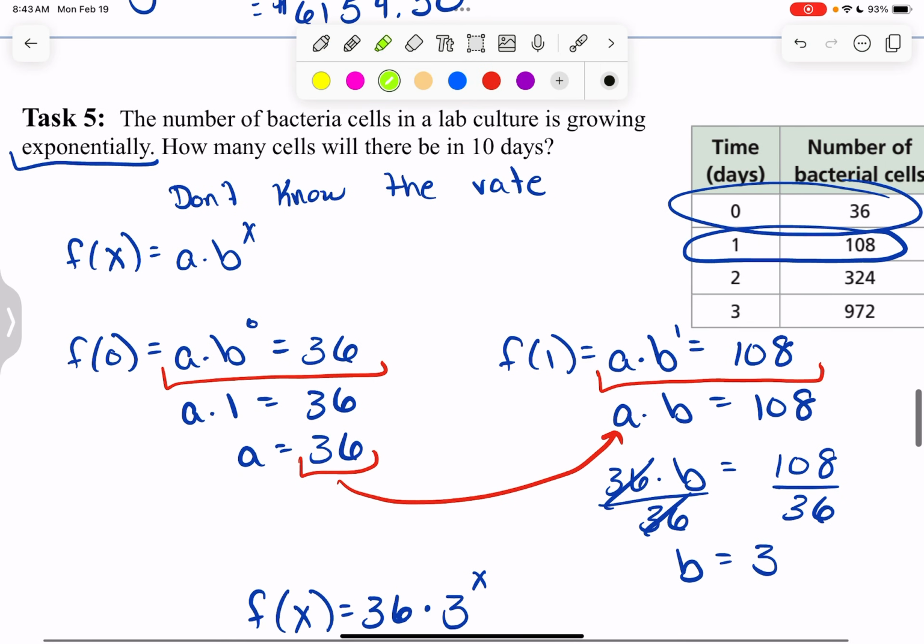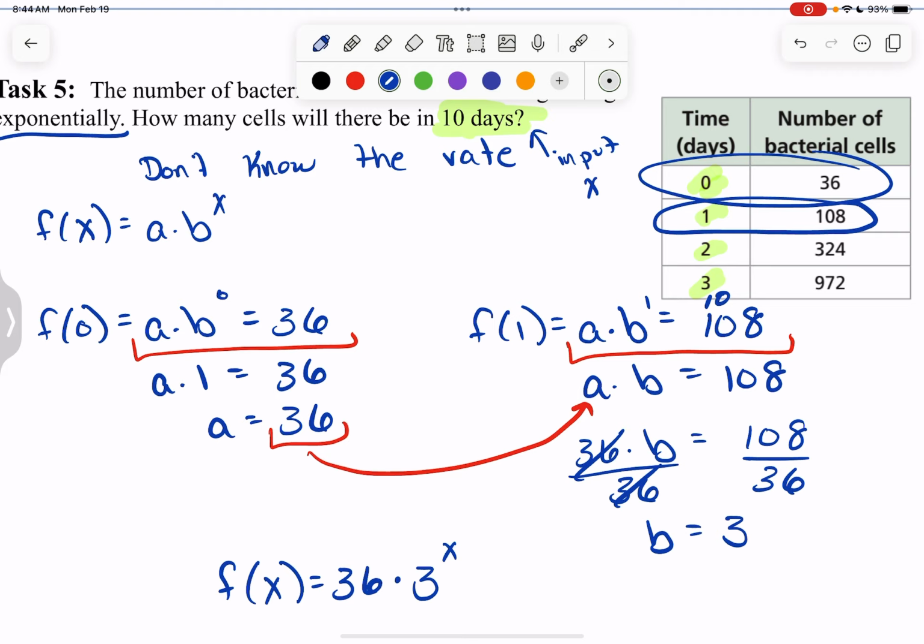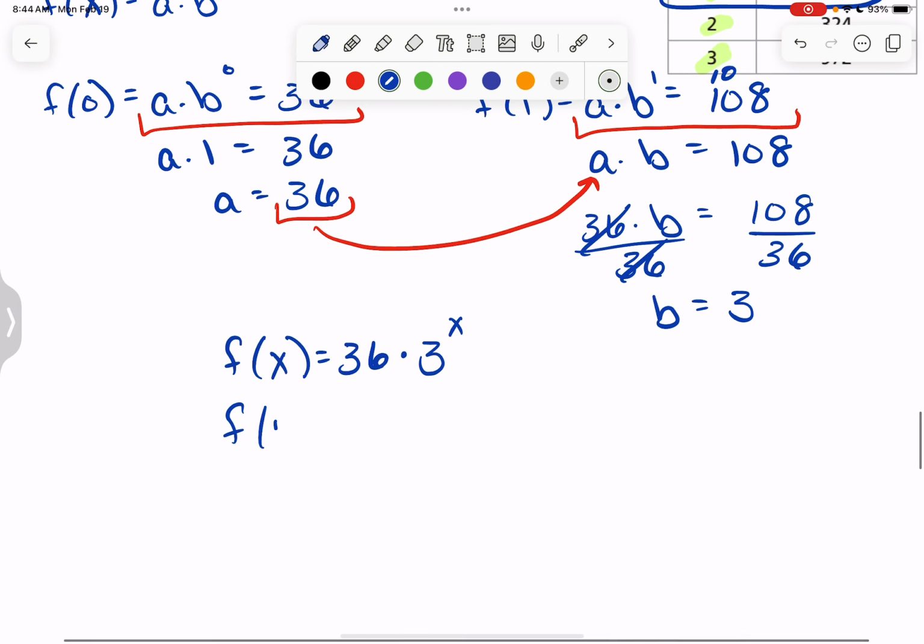How many cells will there be in 10 days? Well, if this is day 0, 1, 2, 3, I'm wondering what is day 10? If my input is 10, that's my x. So I need to find f of 10. So 36 times 3 to the 10th.